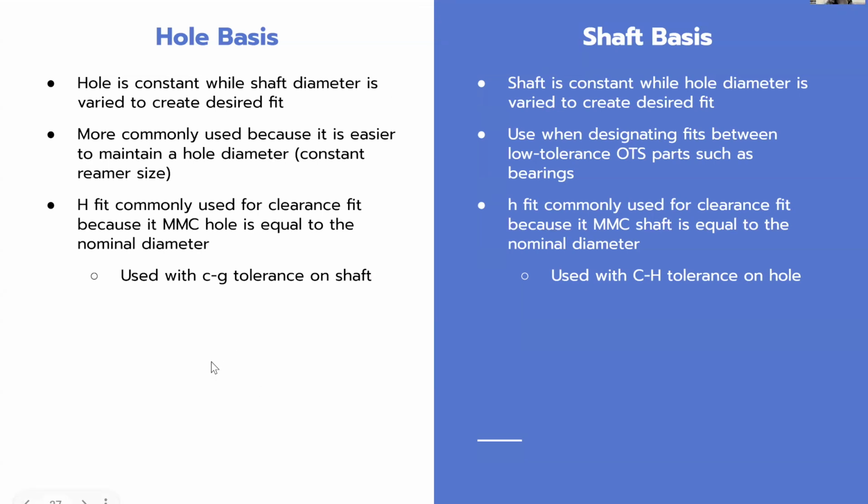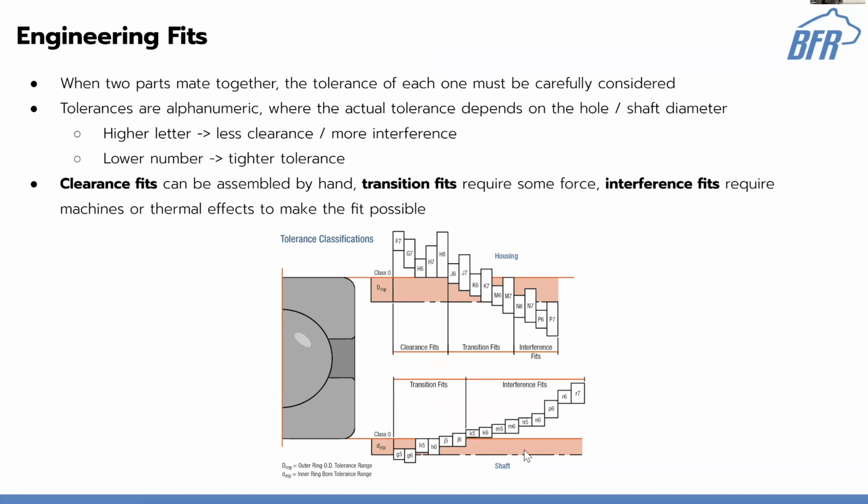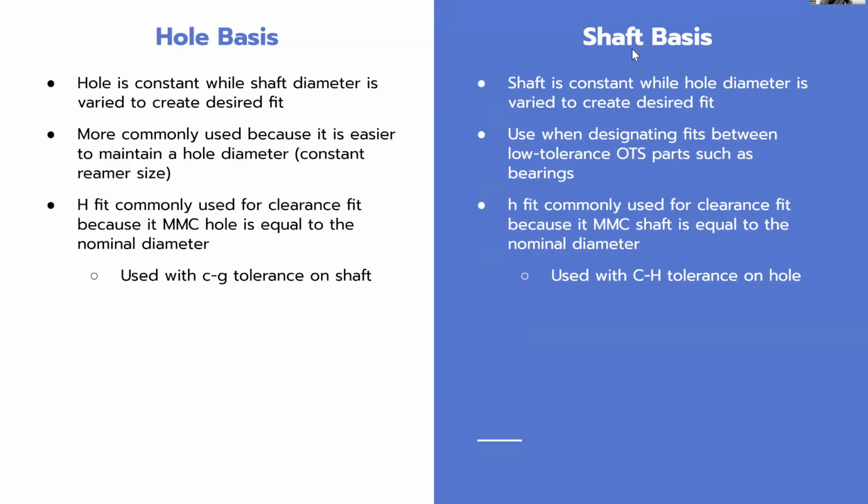That's not correct, or let's see, I'll do a J6 transition fit, right? And it's lowercase, so you know it's hole basis, versus these ones are uppercase. And then same thing for the shaft, but the opposite.